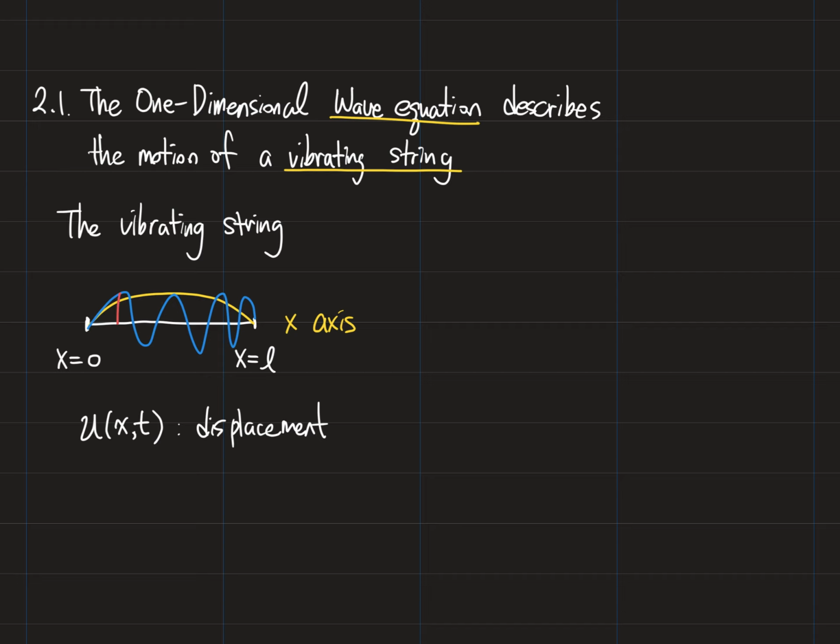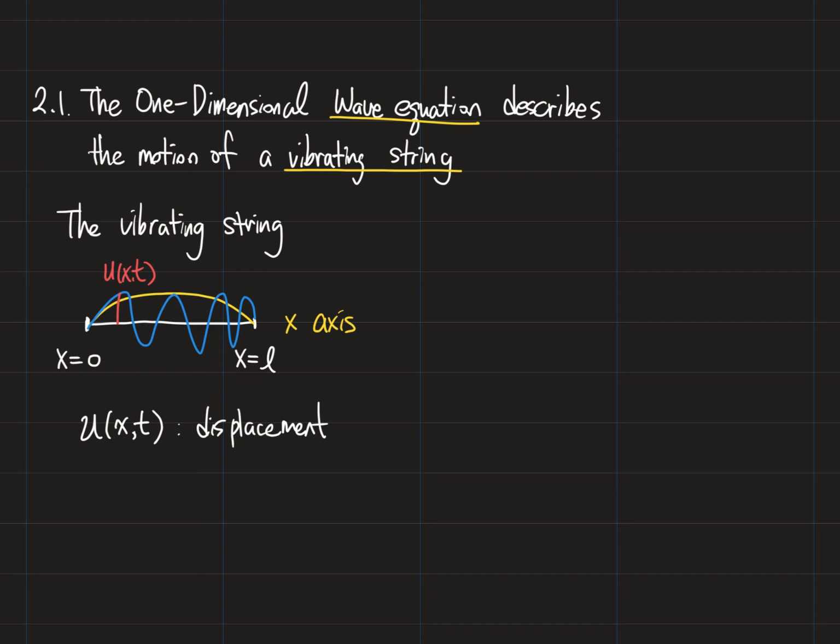You can think of it as u(x,t). This is simply the vertical displacement of the string at any given position x along its length and at any instant of time t. Because the string's shape also depends on time, its shape changes along time t.